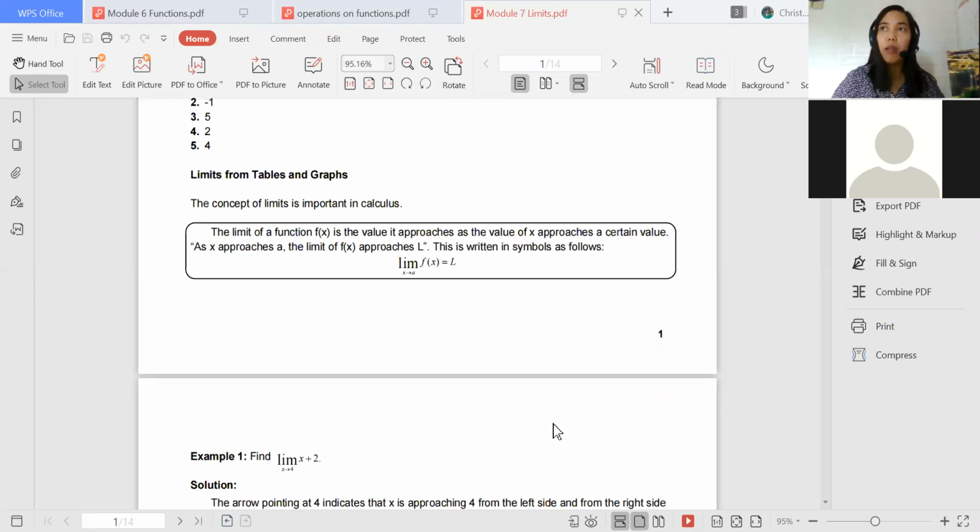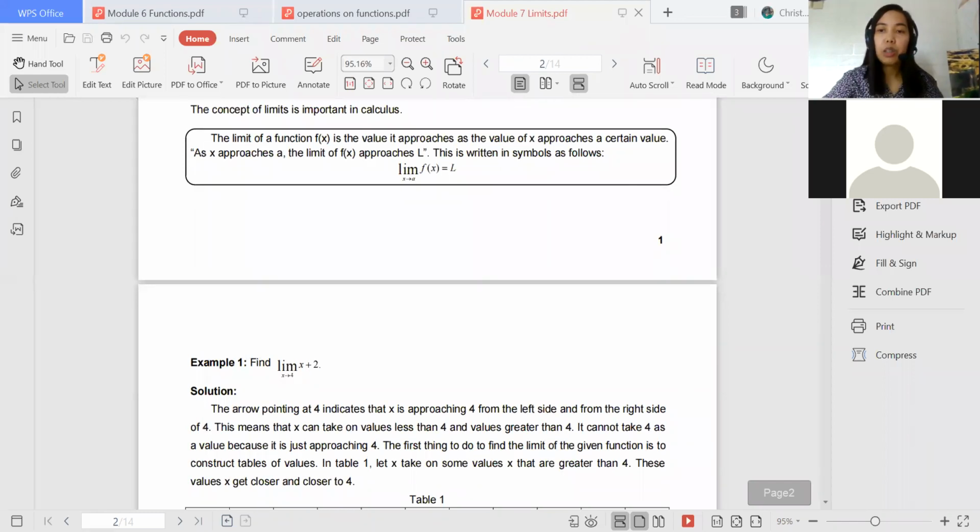So what will happen to the value of y when the value of x approaches that certain value, which is what we call the limit. So as x approaches a, the limit of f of x approaches L. So this is written in symbols as follows. So we read this: the limit of f of x as x approaches a is L.